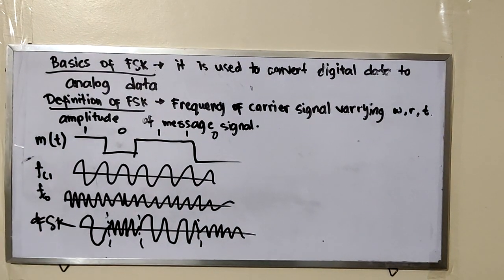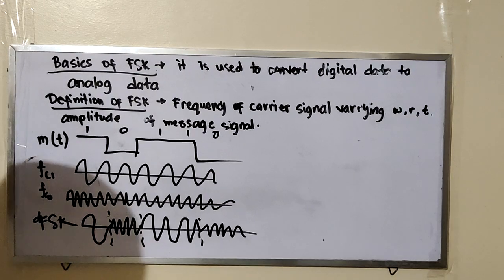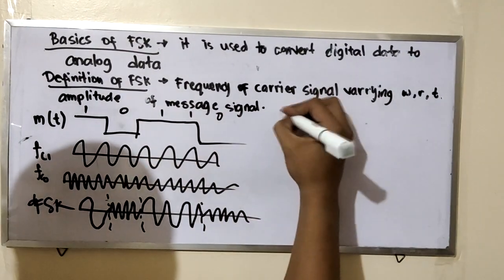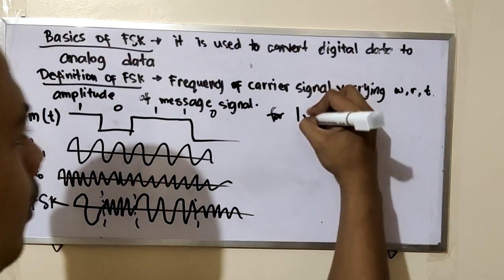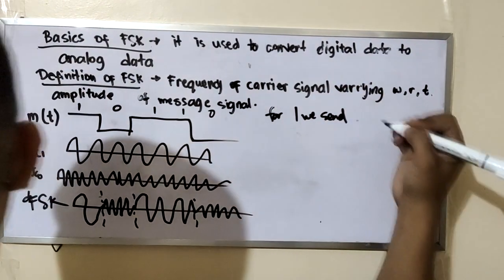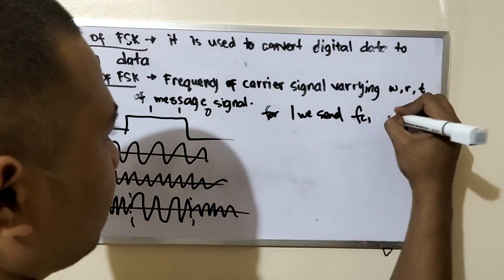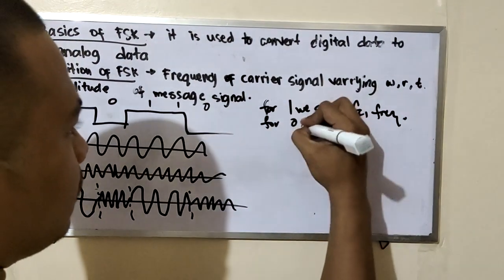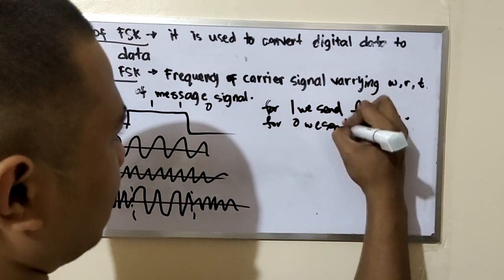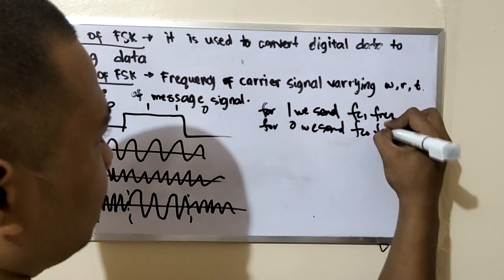Simpleng definition of FSK: for a value of 1, we send FC1 frequency, and for 0, we send FC0.